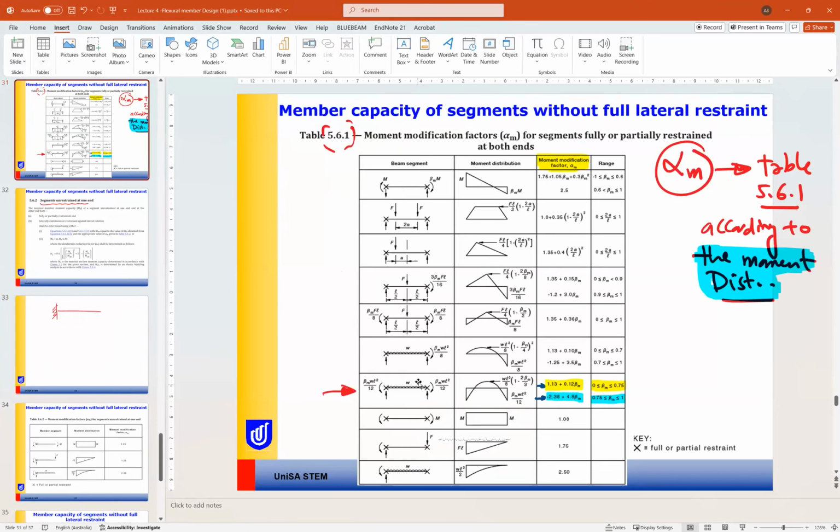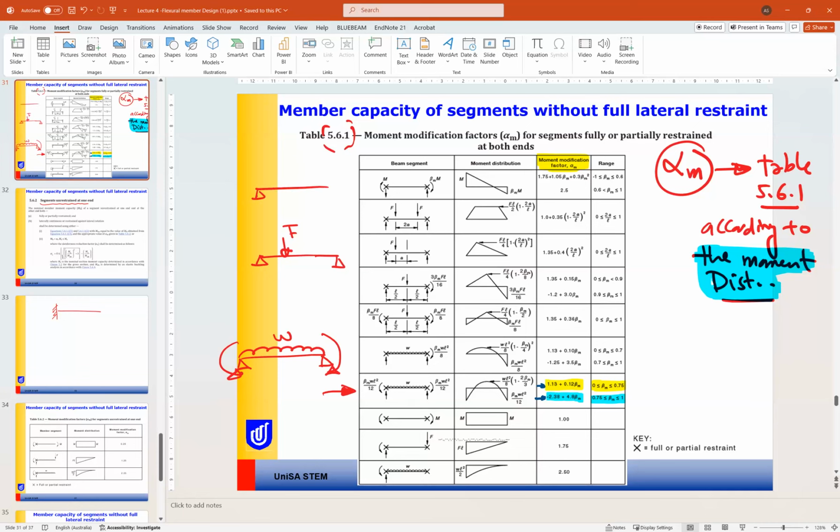Here, I mean this slide. Here we have a beam or part of a frame with a uniformly distributed load W and two moments at the ends. Here, for example, we have a beam with one concentrated load.